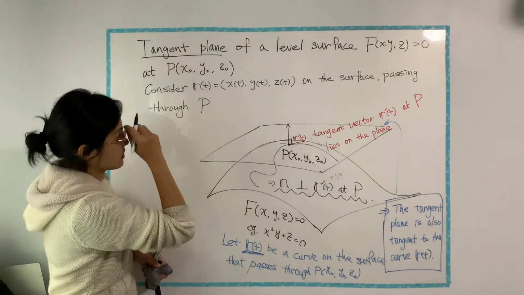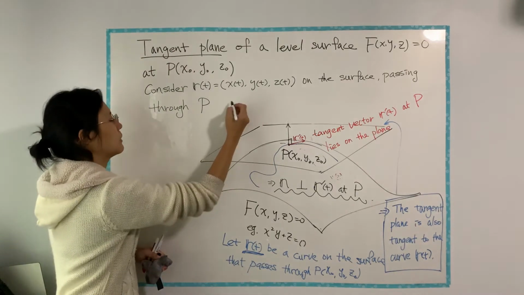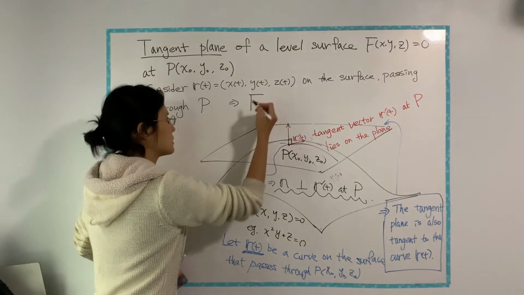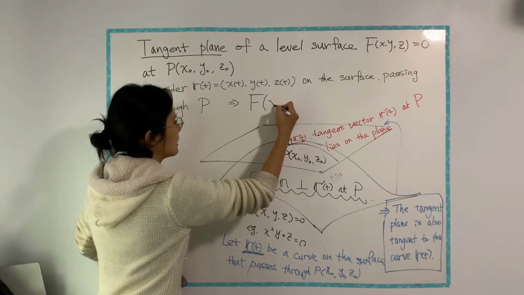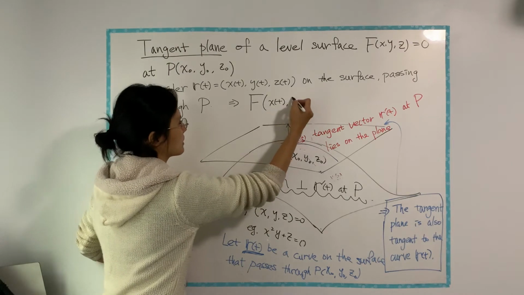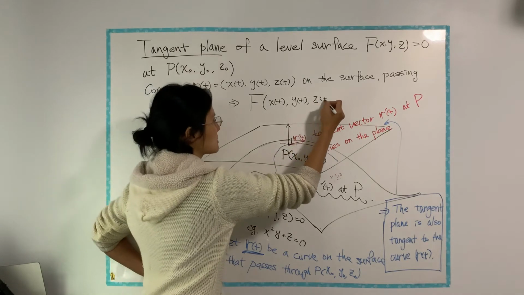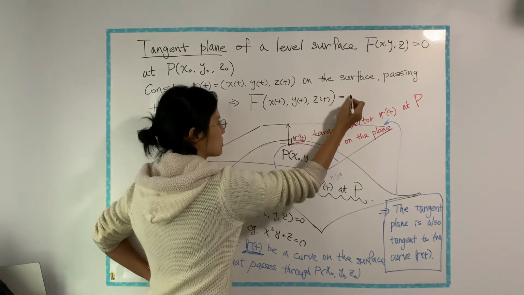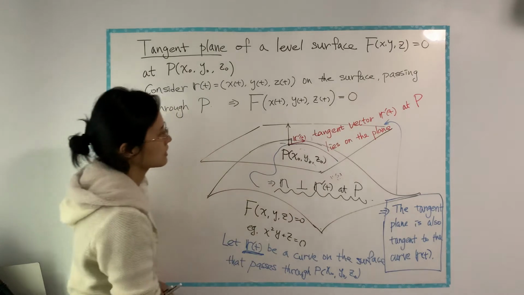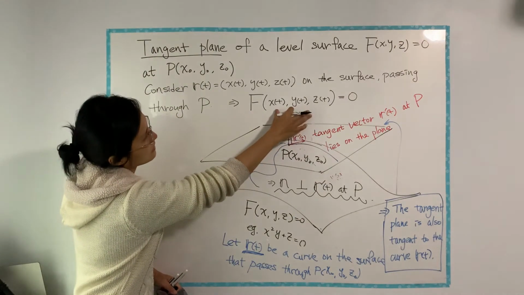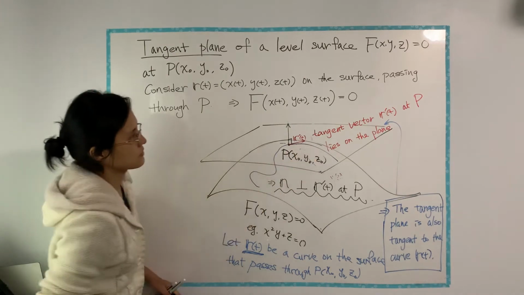Okay, so I will have f of x of t, y of t, z of t also equals 0, right? Because x, y, z is a curve on the surface.